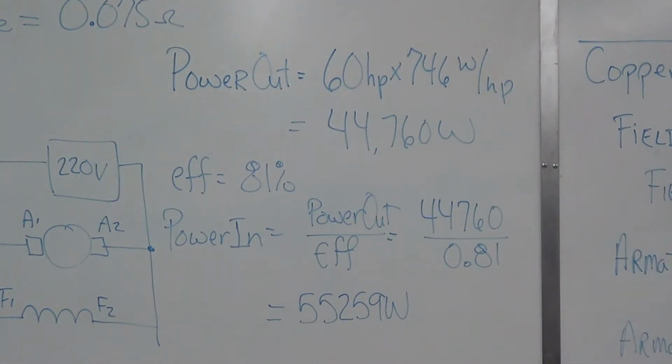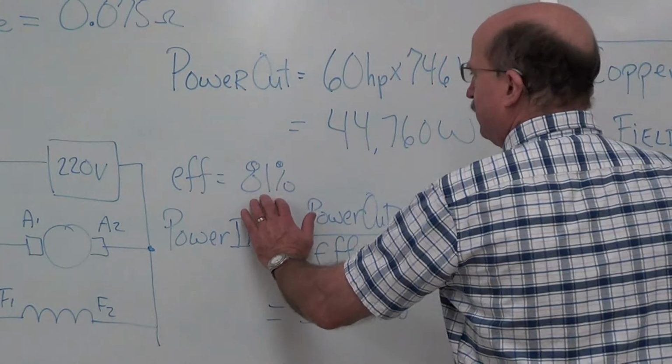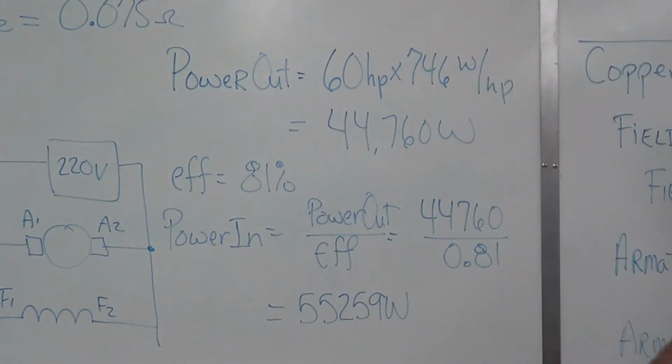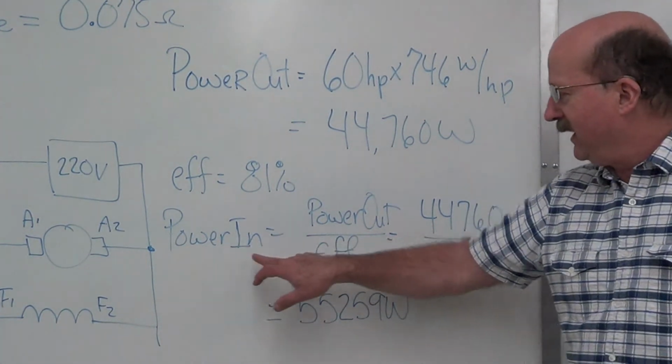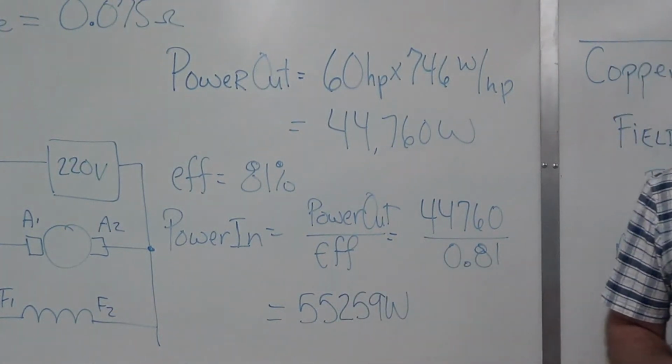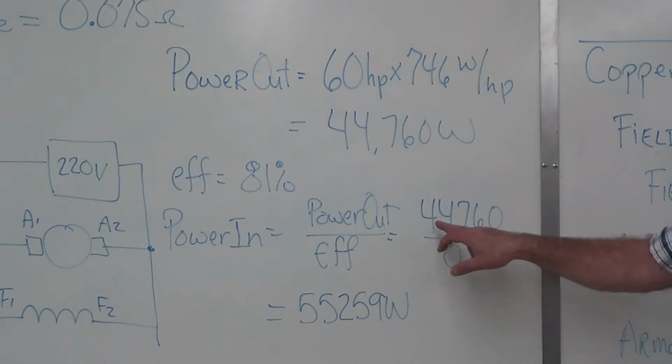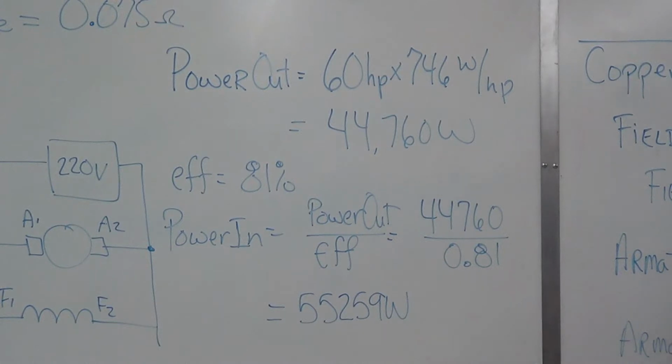We know our efficiency is 81%, so power in is power out over efficiency. 44,760 divided by 0.81. Don't forget to change that percentage to a fractional number. That gives us a grand total of 55,259 watts into the motor.